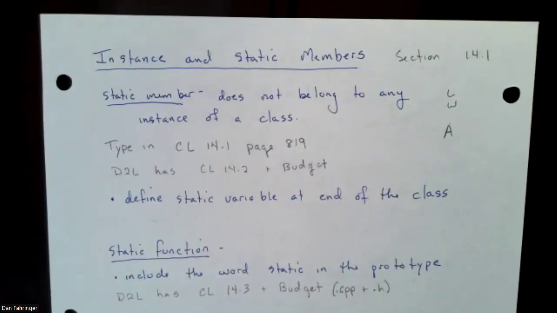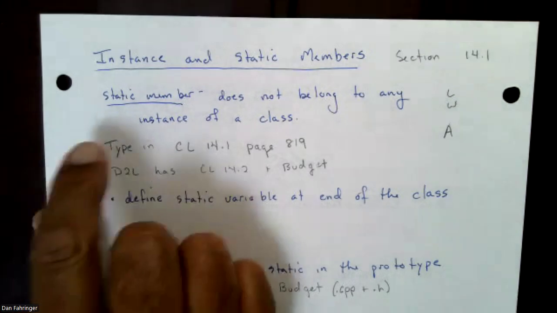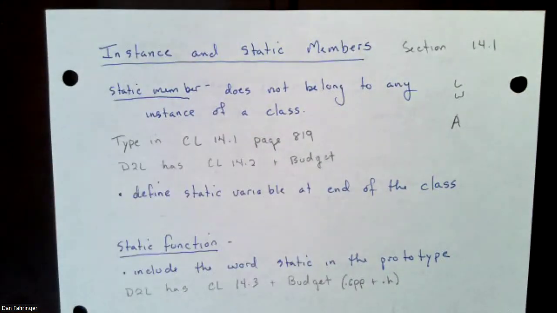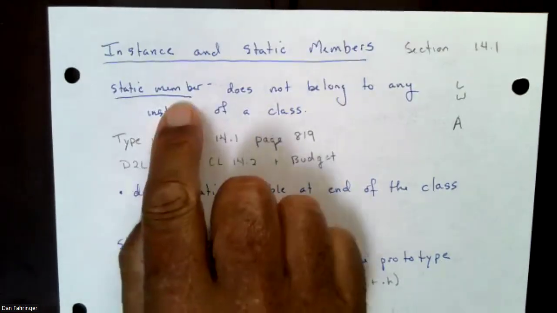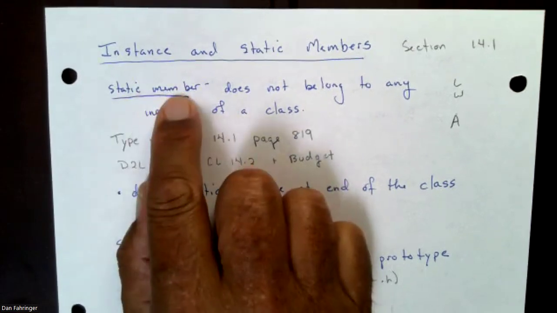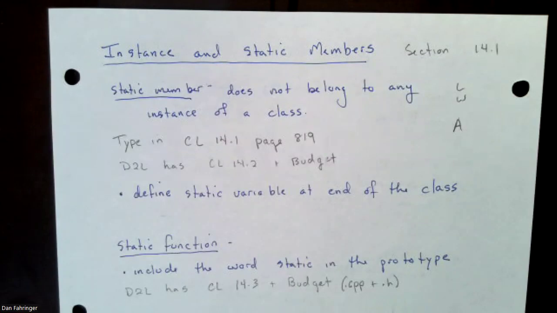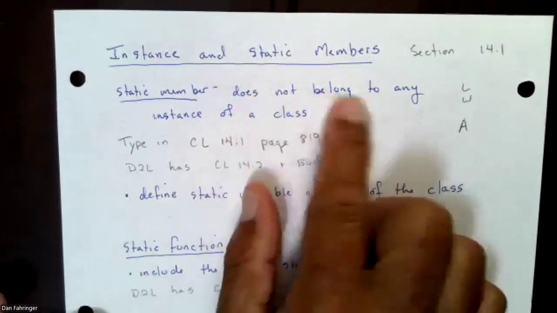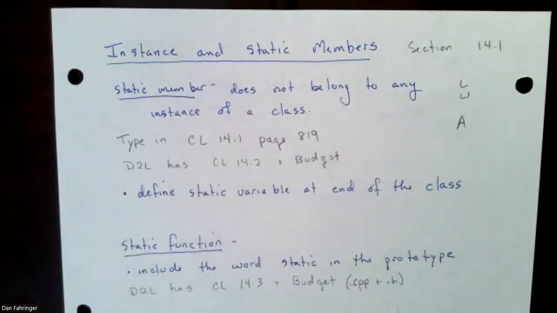We're going to now talk about something that's called static. We've seen this word static quite a bit. What is static? Well, in C++, we're going to start with a static member. A member is a variable. We're going to declare it of type static. Now, what happens here, and I'm giving you the overview first, is that it does not belong to any instance of a class.